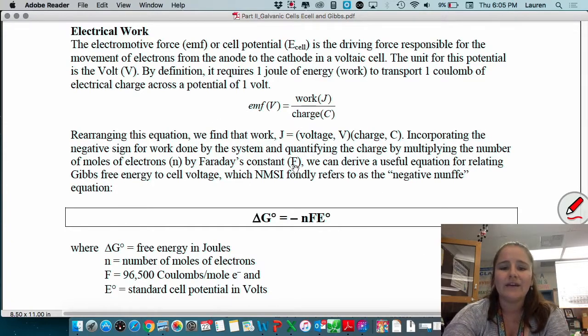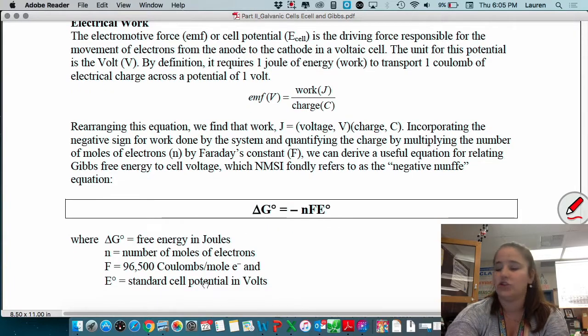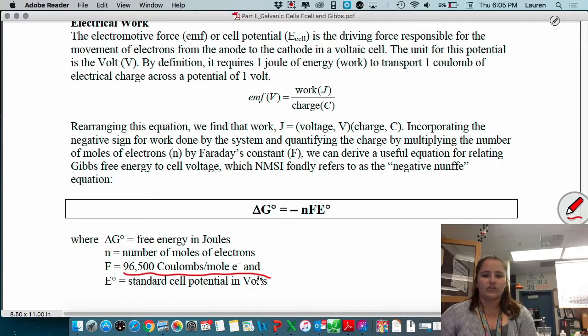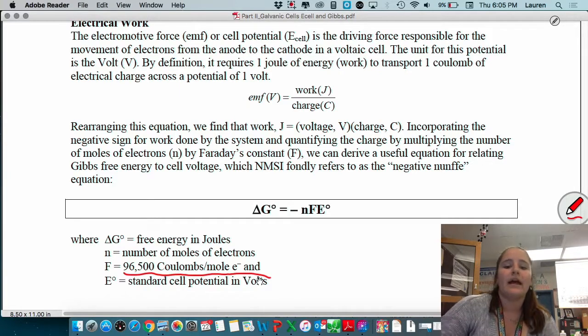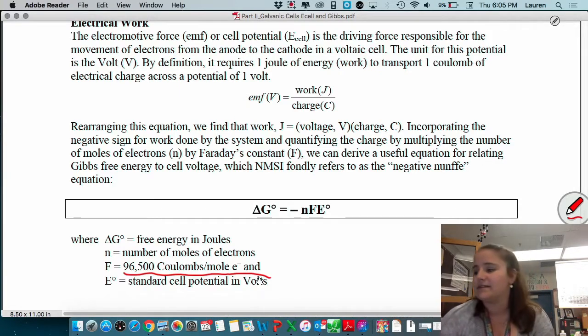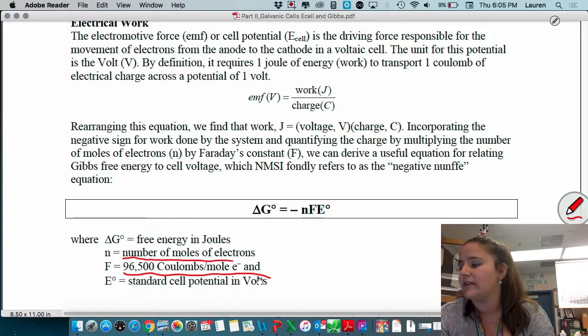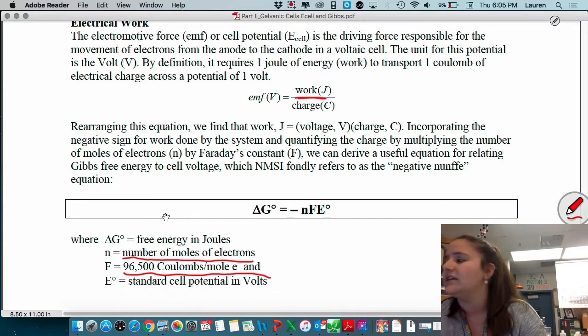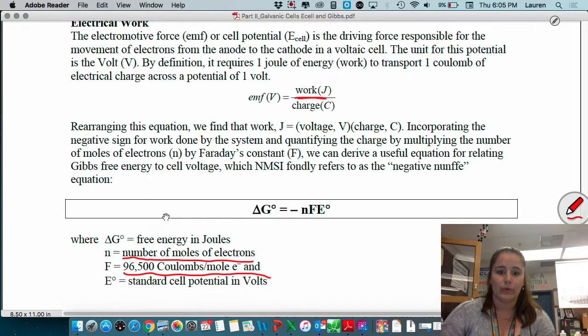So instead, we multiply Faraday's constant by the number of moles of electrons. Faraday's constant is the charge per mole of electrons. Where n is the number of moles of electrons, we can use this to relate E, our standard cell potential, to delta G, our amount of energy available to do work.